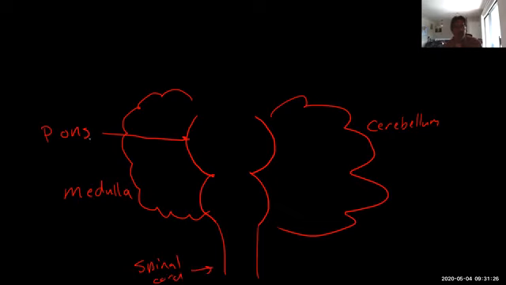Now, for clarity's sake, on the ventral surface of the medulla, we have those medullary pyramids. If you guys remember, the pyramids are what allowed the crossing over of your corticospinal tracts. So here, we will see the pyramids. And I'll come to those in a second.